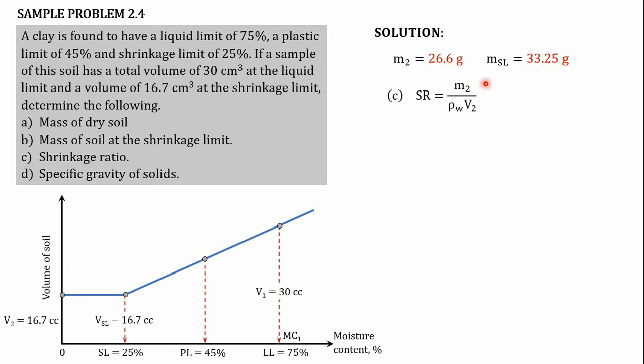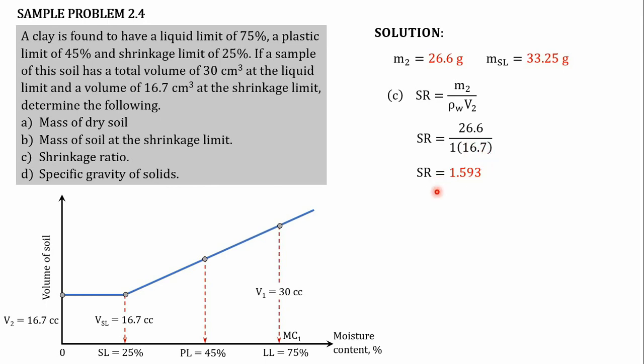Okay, so we have mass 2, class, which is 26.6, and V2 natin is equal to 16.7 cc. So therefore, shrinkage ratio is equal to 26.6 divided by 1 times 16.7. Okay, and shrinkage ratio is equivalent to 1.593. And this will be our final answer, class.